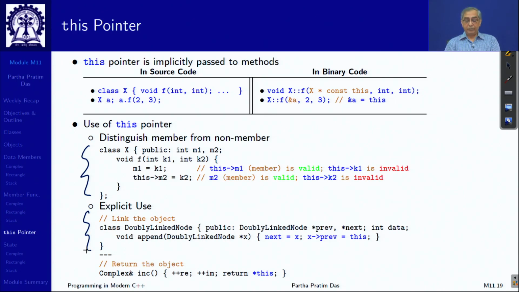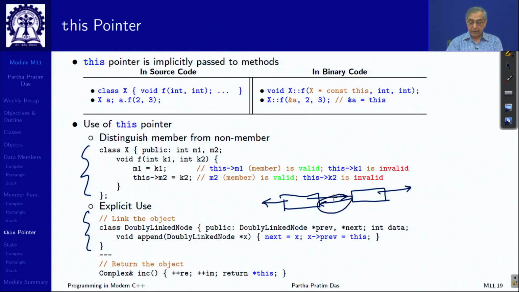For example, if you are trying to write the code for a doubly linked list like this, then when you are at a particular node, you need to set the previous node with its value, with its pointer. So, you need to use this pointer.